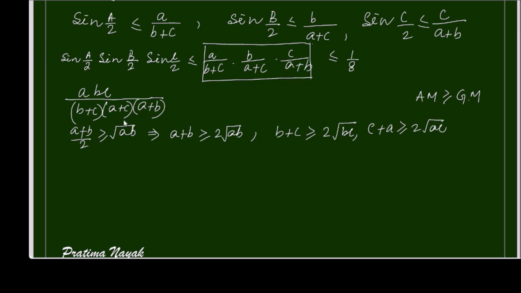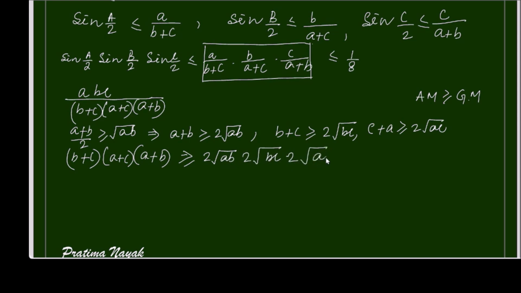This product, or this denominator, (b plus c)(a plus c)(a plus b), is greater than or equal to 2 root ab, 2 root bc, 2 root ac, which is equal to 8 times a square, b square, c square under the root.